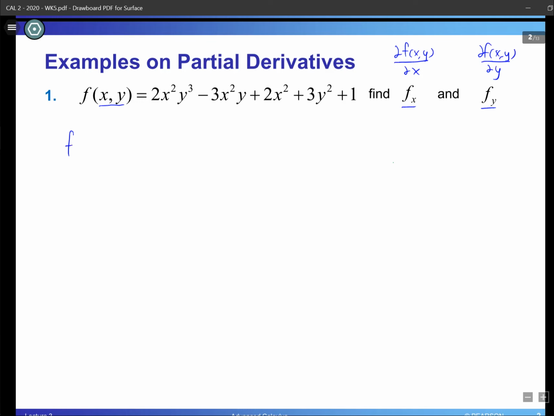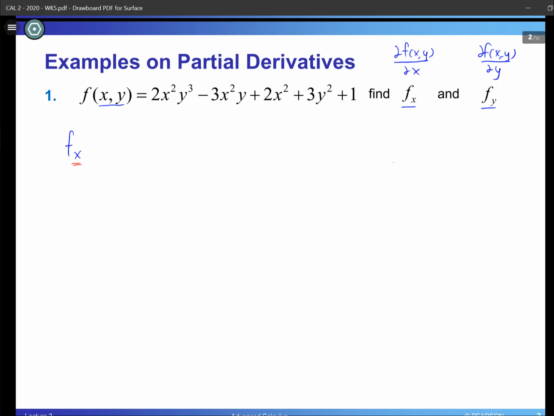We can use this notation as well, the subscript of the x variable. This tells us that we are working with x right here, and we are going to perform the differentiation only with the x variable. Here we are going to use the tip that I mentioned earlier about treating other variables as constants. Here we work with x, which means that we are going to treat y as a constant.